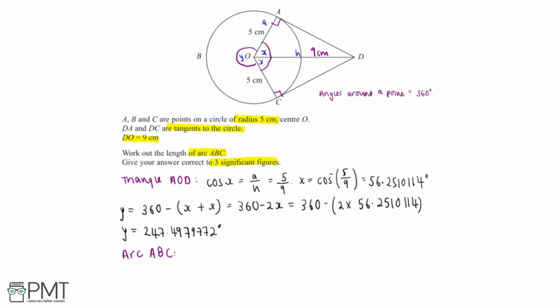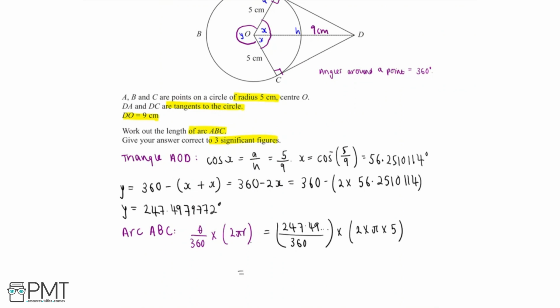Now that we found angle Y, we can find the length of arc ABC. Now we know that the arc length is equal to theta over 360 multiplied by 2 pi r. Now theta represents the angle of the arc, and we found that the angle of the arc is angle Y, which is equal to 247.4979772. So we can say that arc ABC is equal to 247.49 divided by 360, all multiplied by 2 times pi times the radius of 5.